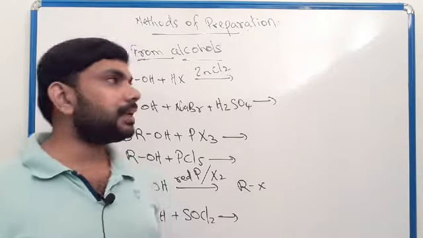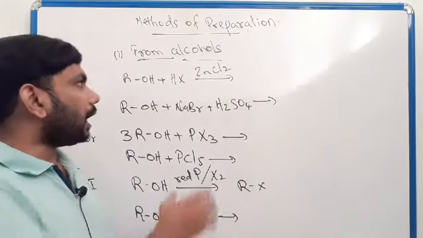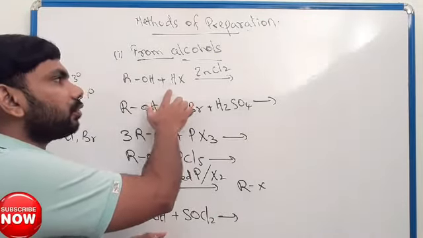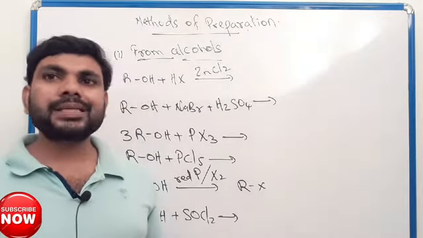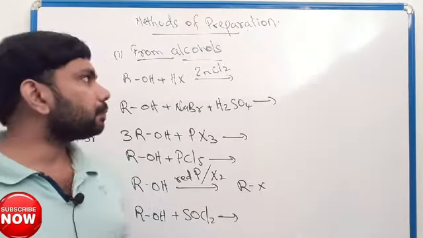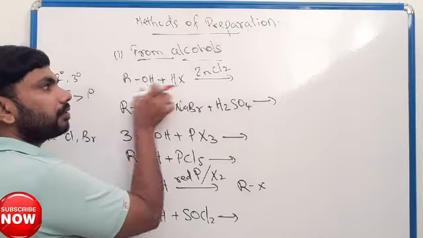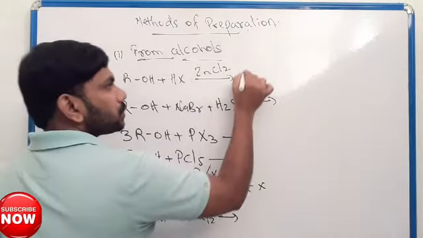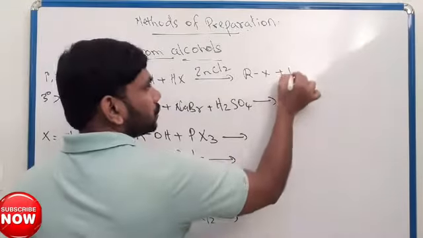So generally we can say hydrohalic acid. Alcohol reacts with a hydrohalic acid or hydrogen halide in the presence of zinc chloride. It produces an alkyl halide. Alcohol reacted with HX gives R-X, alkyl halide, plus H2O.